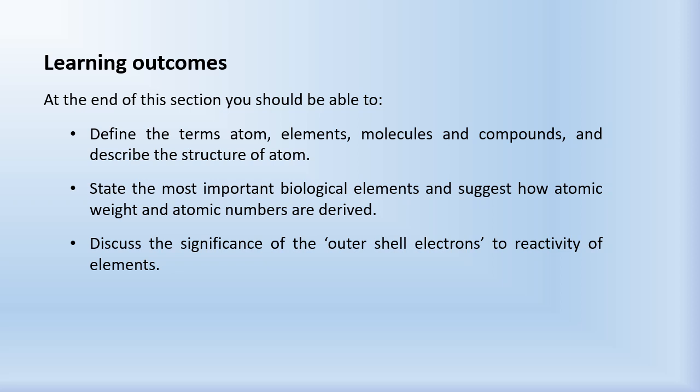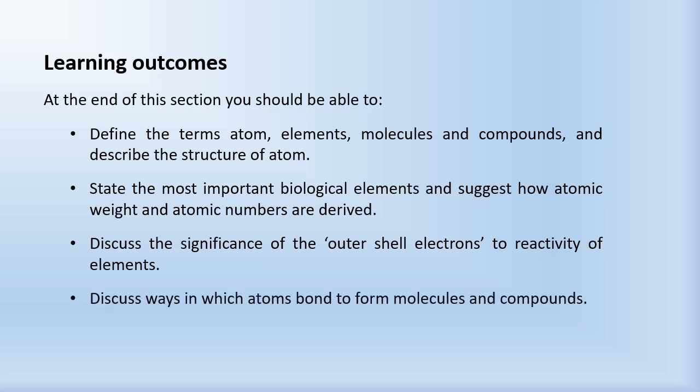Discuss the significance of the outer shell electrons, the valence shell electrons, to the reactivity of elements, atom binding to atom. And discuss ways in which atoms bind to form molecules and compounds.